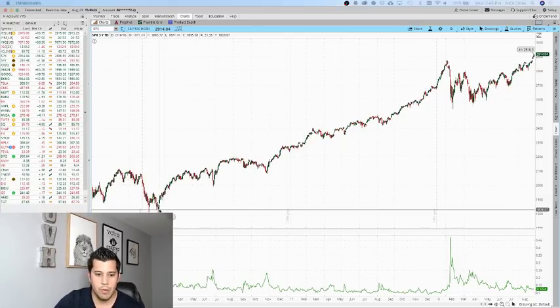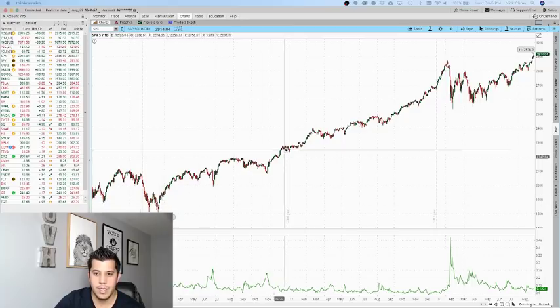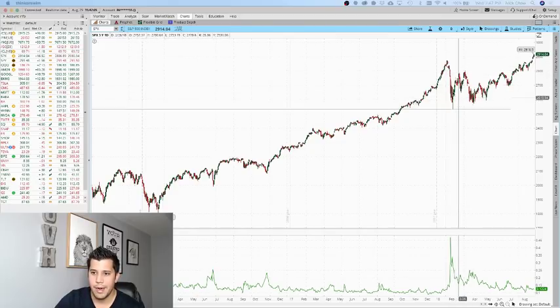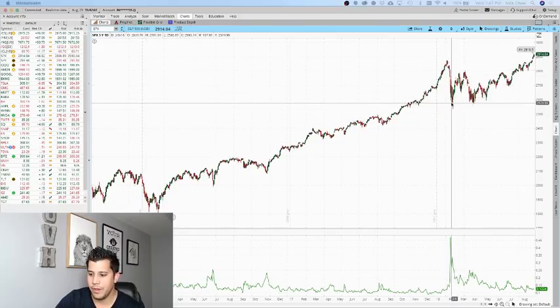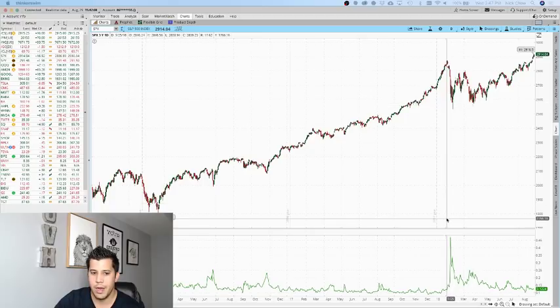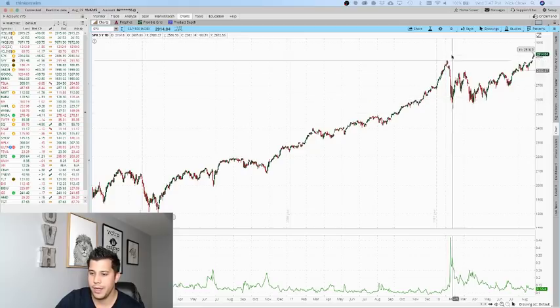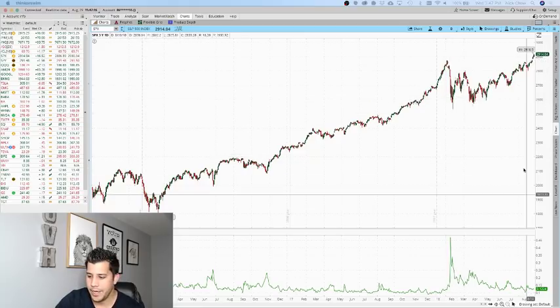This bull run went from 2016 all the way through 2017, until the first major dip here. It's a pretty significant dip, and it could have gone to 1800, which would probably scare you. But on the long-term chart, this isn't anything. We're shaking things off left and right.